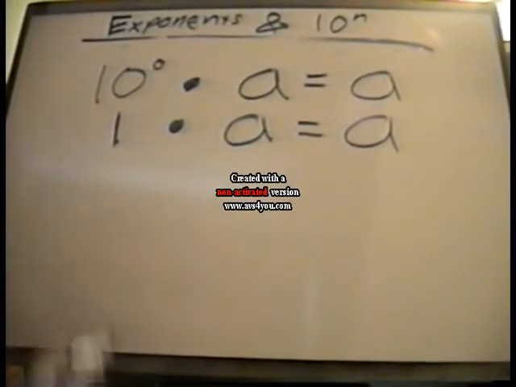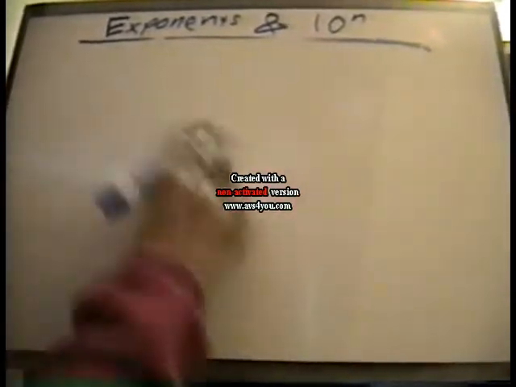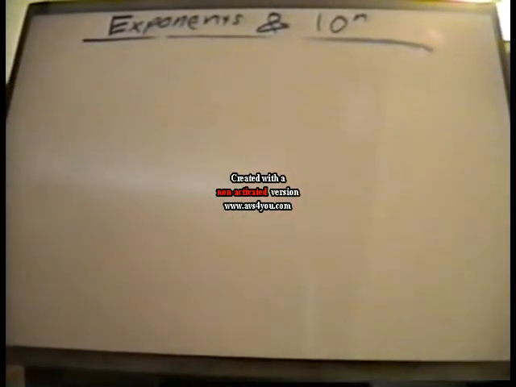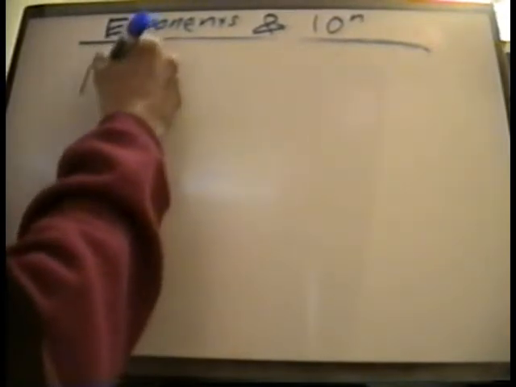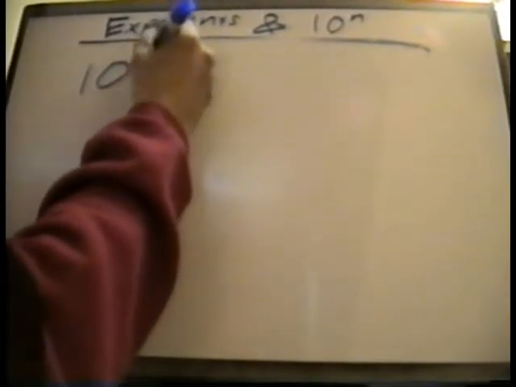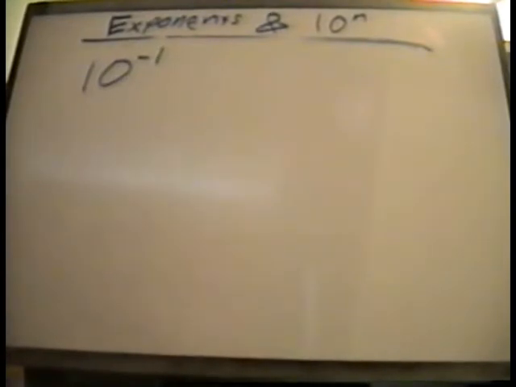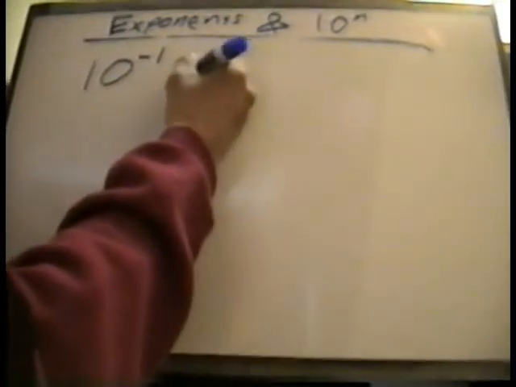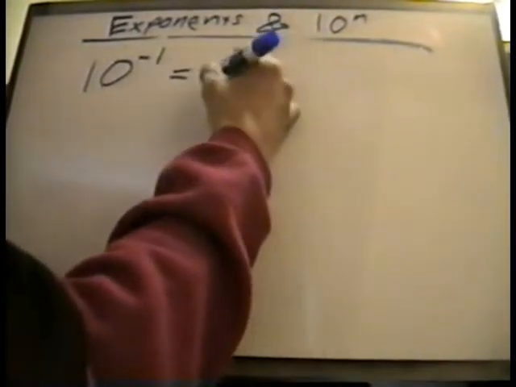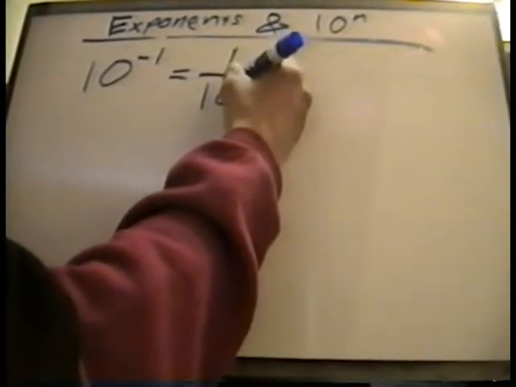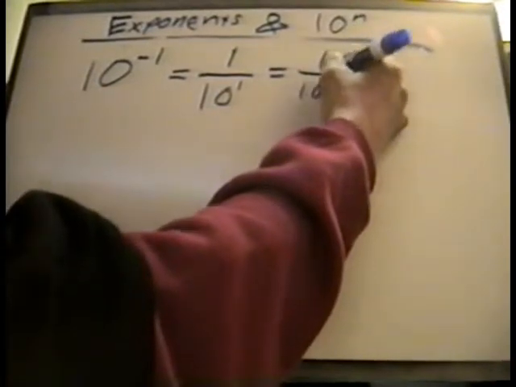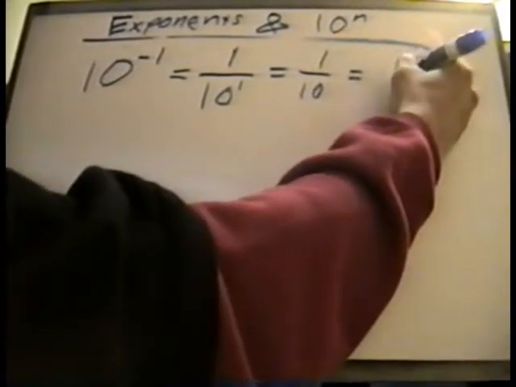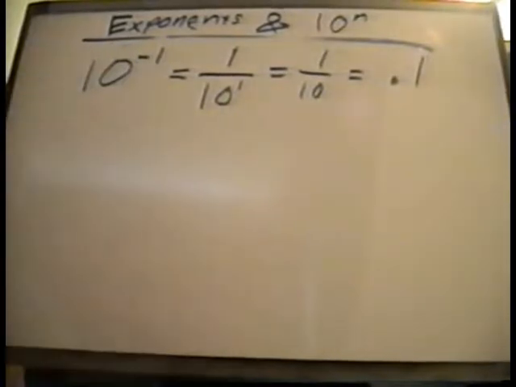We're going to talk about powers of 10 with negative exponents. We've got 10 to the power of negative 1. That gives you 1 over 10 to the power of 1, which equals 1 over 10, which equals 0.1. So anytime you divide a number by 10, you move the decimal place once to the left.